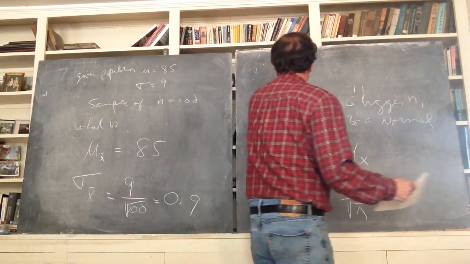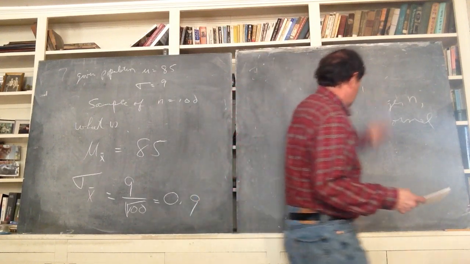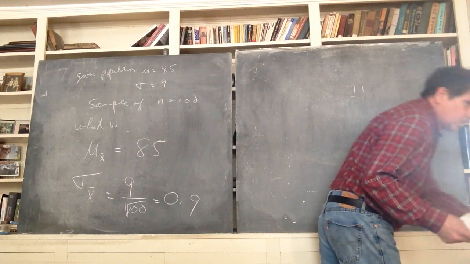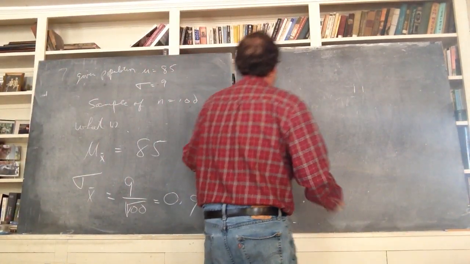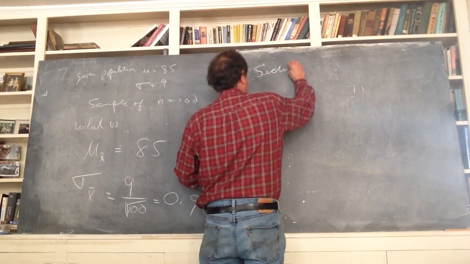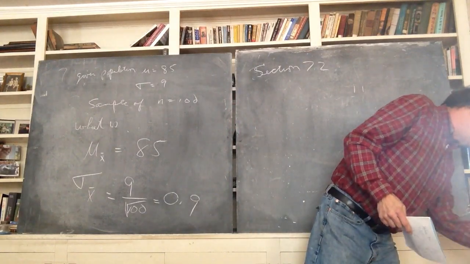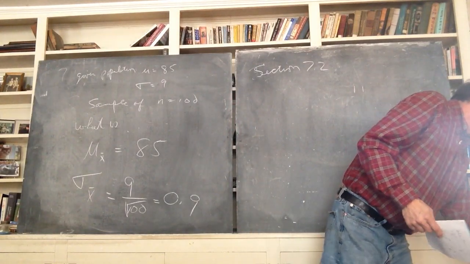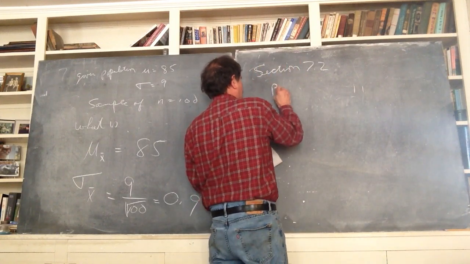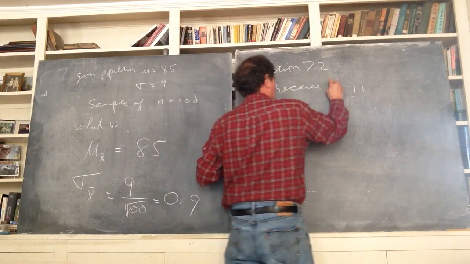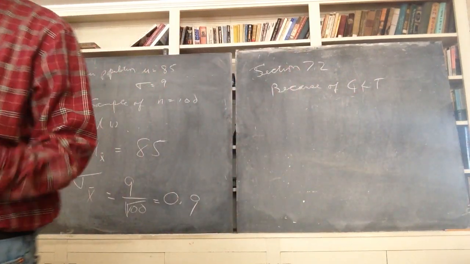Now what's going to happen in section 7.2 is we're actually doing sampling distributions, talking about the means of these sampling distributions. It's all because of the central limit theorem. We're going to do just normal curve problems.